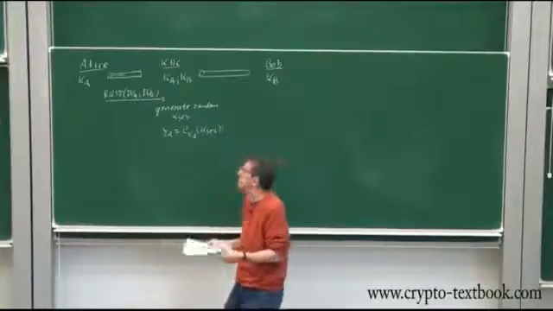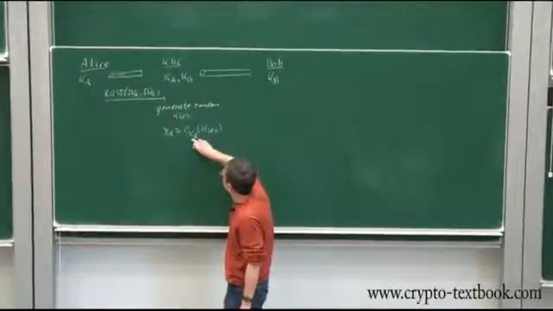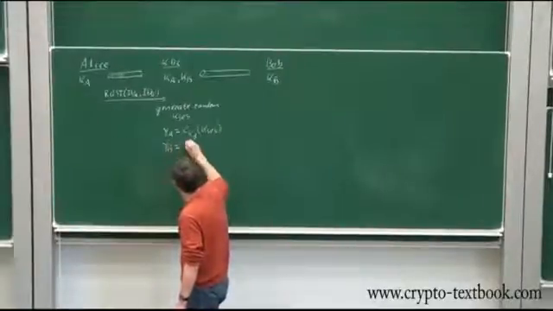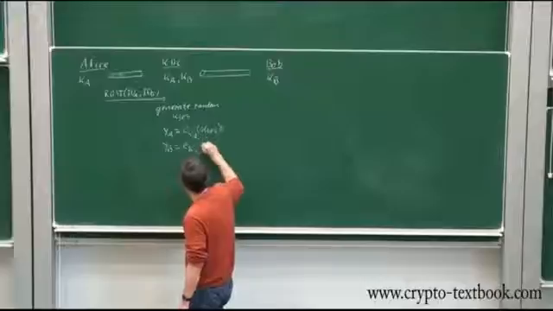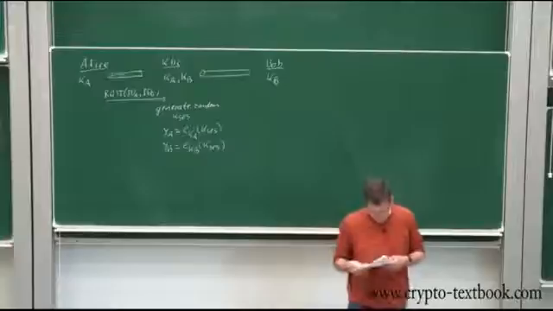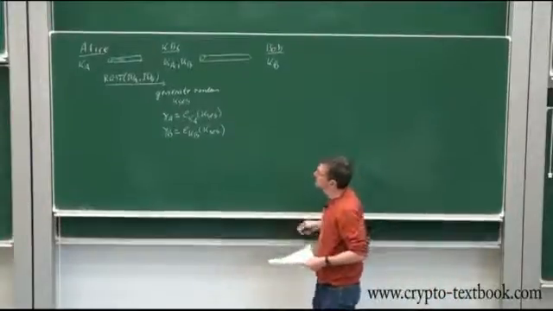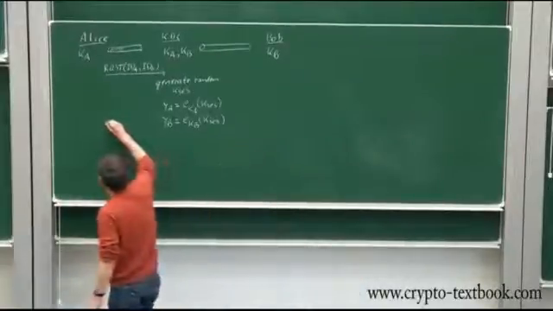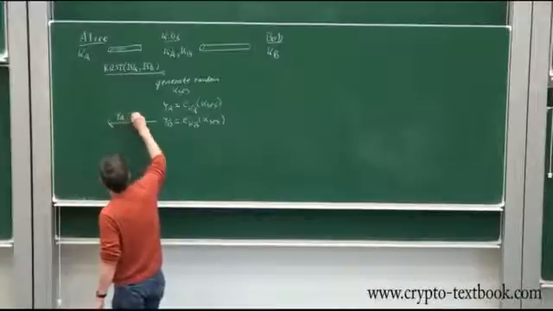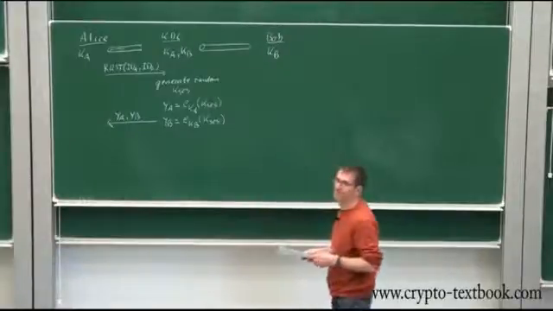You encrypt keys. KDC encrypts the session key for Alice, and he encrypts the session key for Bob using Bob's key. Then it sends those two encrypted keys over to Alice.